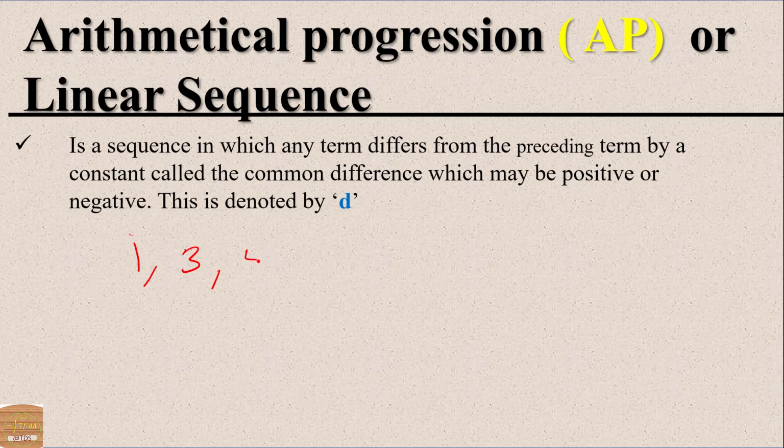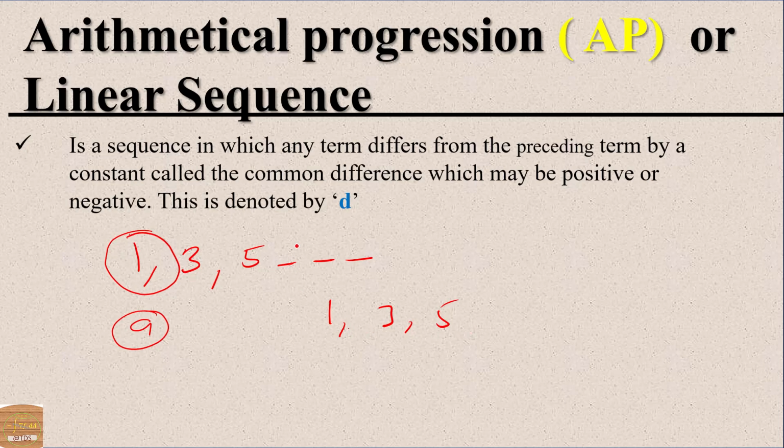Always the first number here is called the first term, so we use A for it. So A is the first term. Always the first one is A. Now let's observe this well. So we have 1, 3, 5.